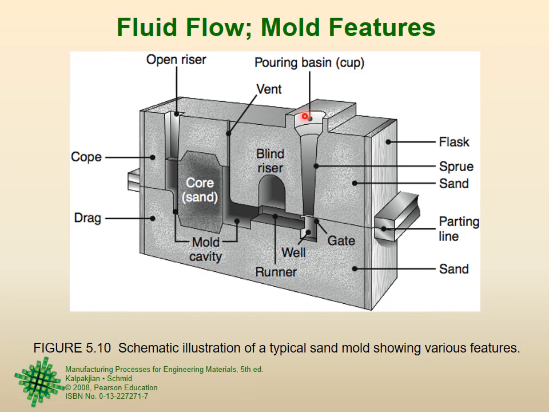This top part is called the pouring basin or the cup, and this whole conical part is called the sprue, and the top of the sprue is the pouring basin or the pouring cup, where we pour the molten metal, the hot metal, into the sand mold.